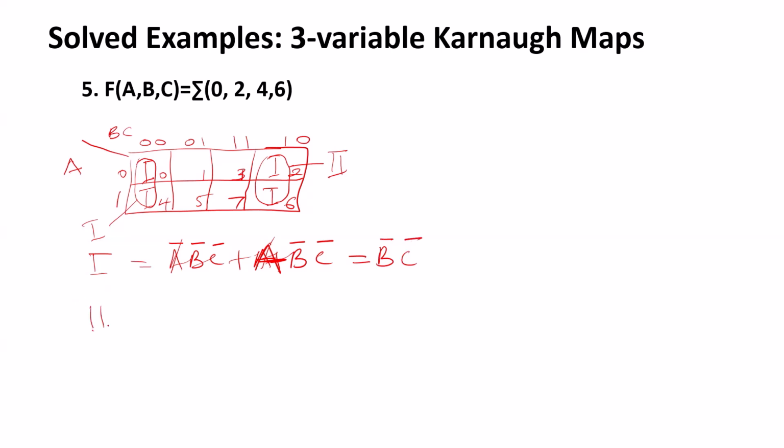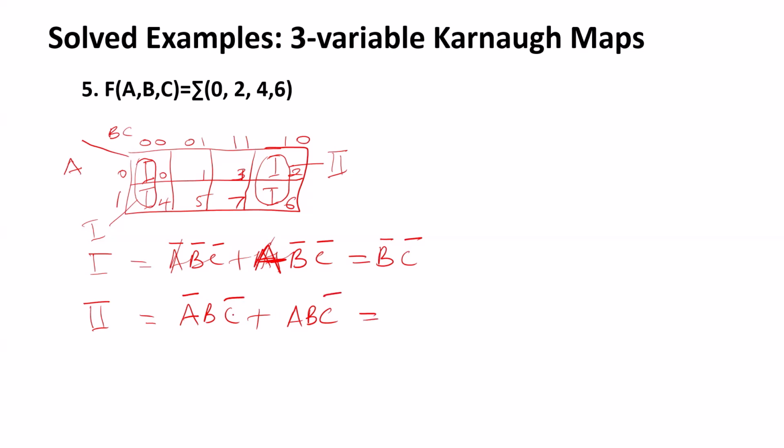Likewise, for the second one, we have A, B, C plus A, B, C. A is 0, we have A bar, B is 1, then C is 0, we have C bar, plus A is 1, B is 1, and C is 0, we have C bar.